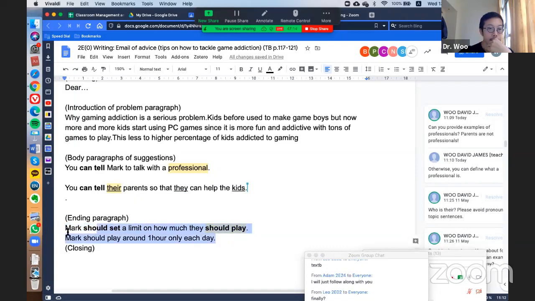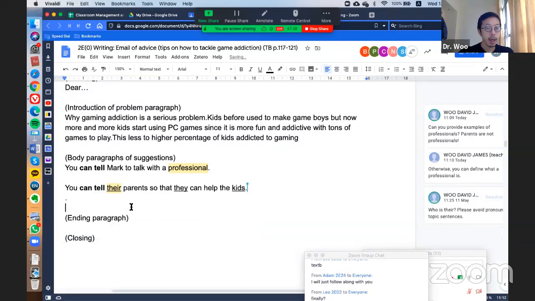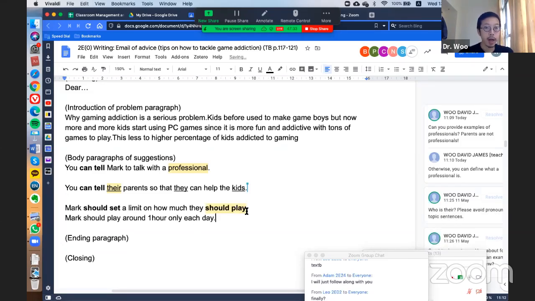I also think that this ending paragraph isn't appropriate. I think you're still providing suggestions with these sentences. I'm going to help you, and if you want to write a third paragraph, that might be a good topic sentence and second sentence of the third paragraph.